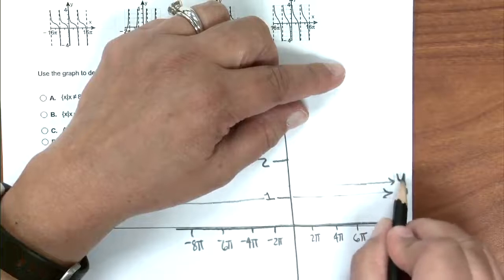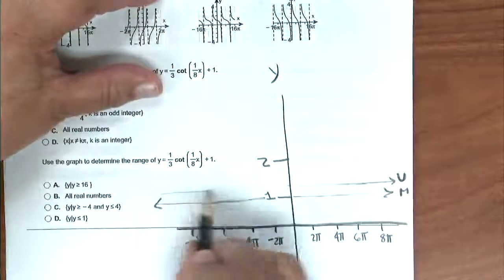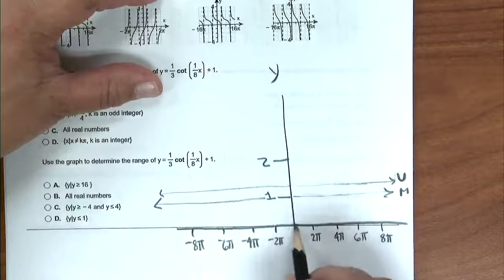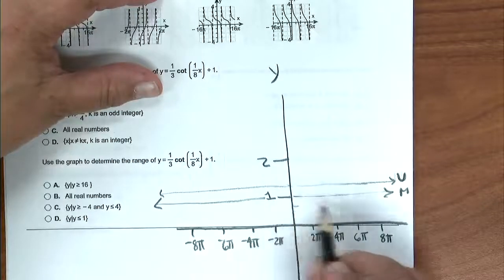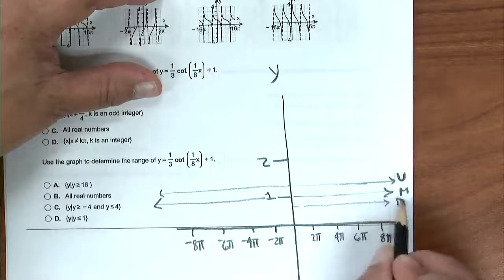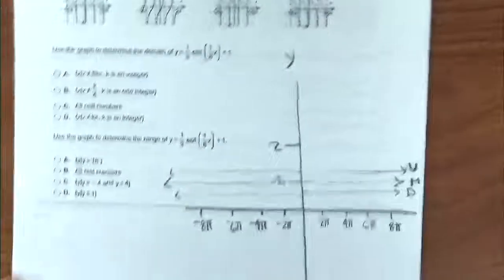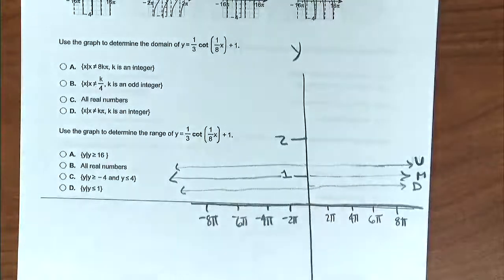This will be my upper. And then down to here is 0, so just go about 1/3 of the way. That will represent your downward shell. So there's my 3 shells, very close together, but they're all stemmed off of the fact that the middle level is 1 unit up because of the vertical shift.